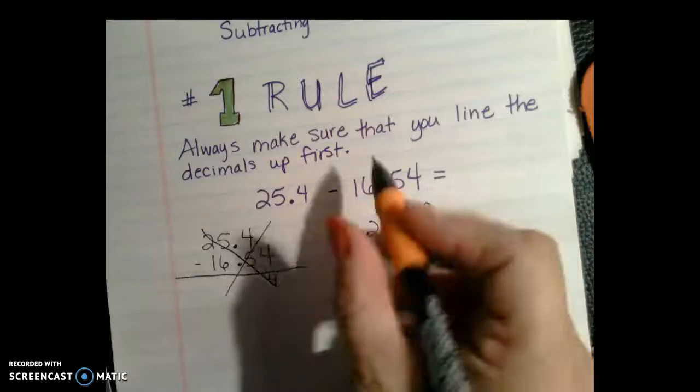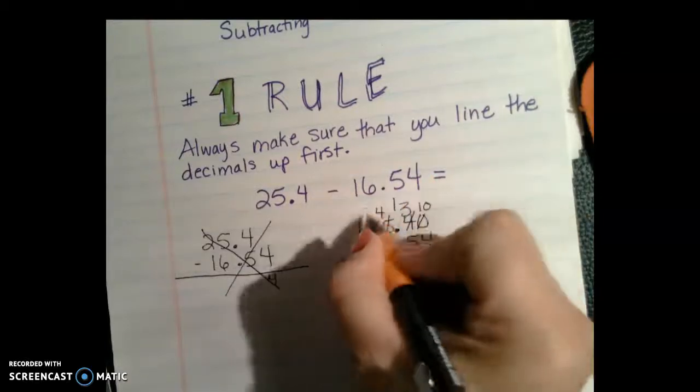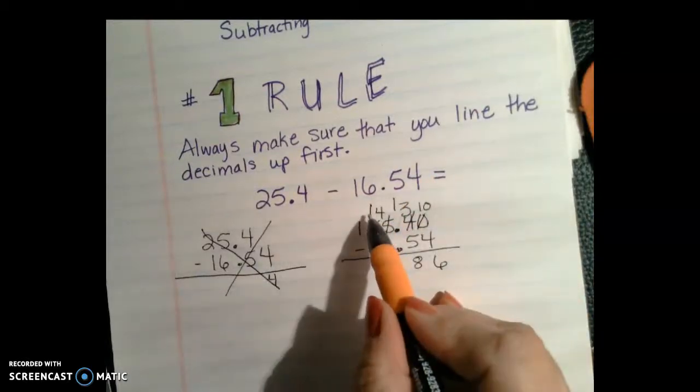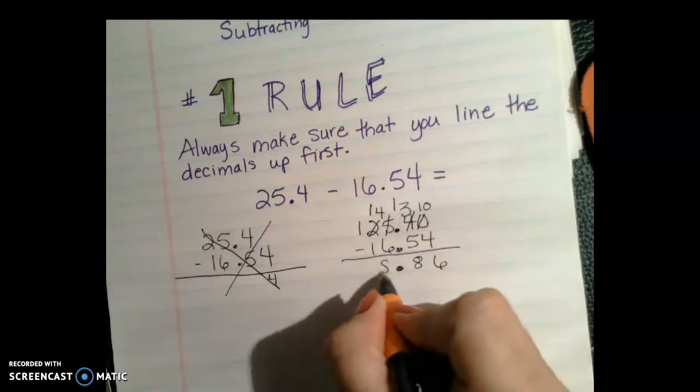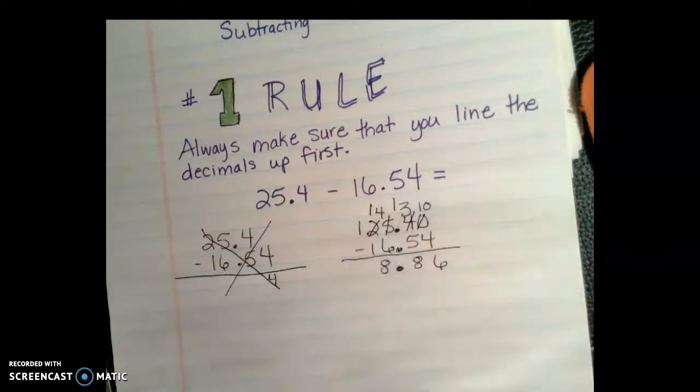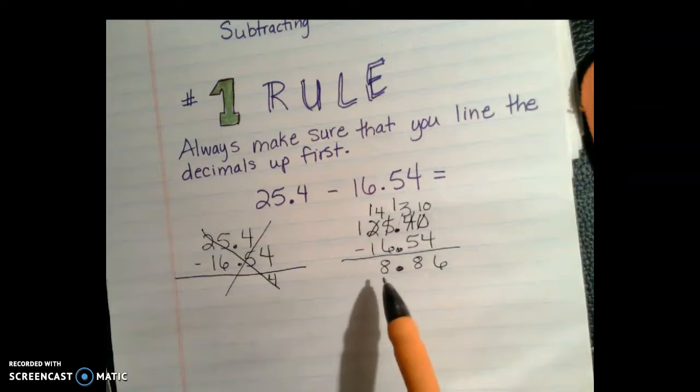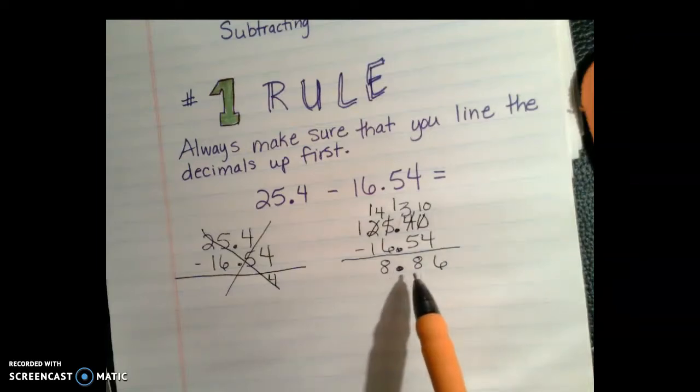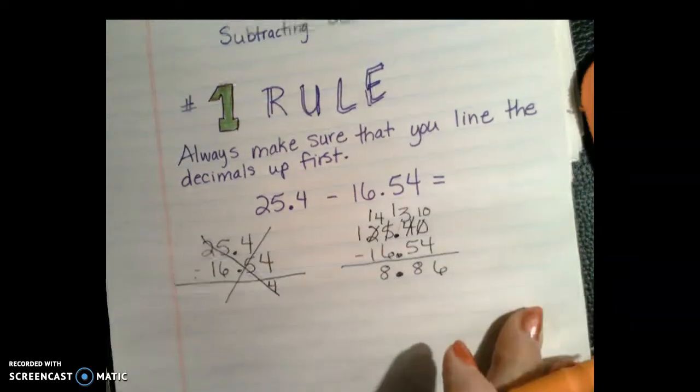Okay, 4 minus 6, once again, I'm going to have to regroup. And I know that 14 minus 6 is 8. And 1 minus 1 is 0, and I don't need to put it there. So my answer for this is going to be 8 and 86 hundredths.